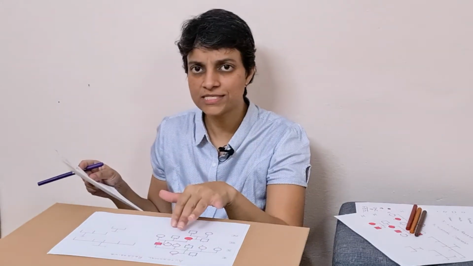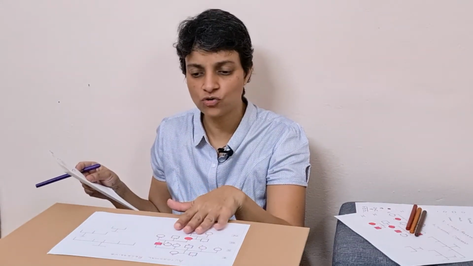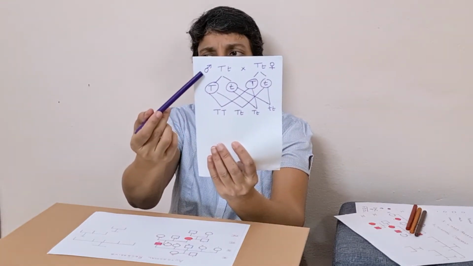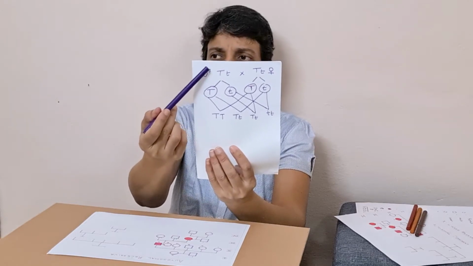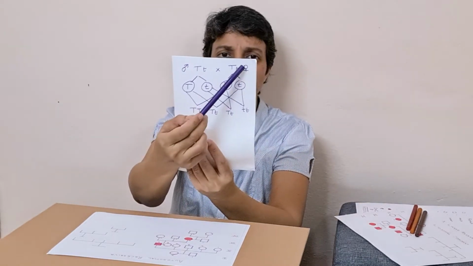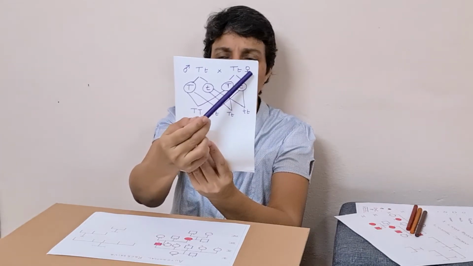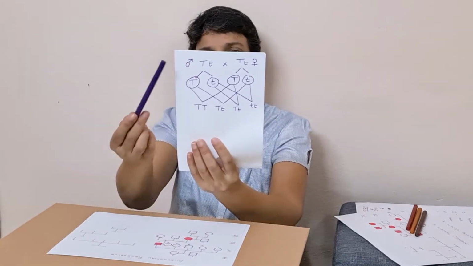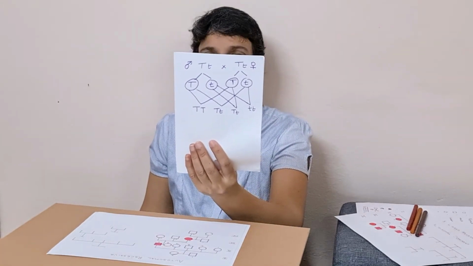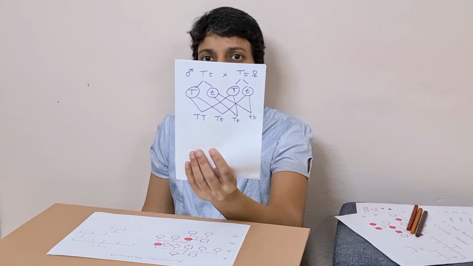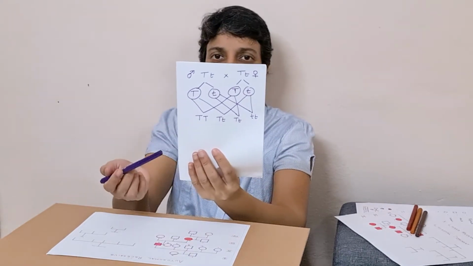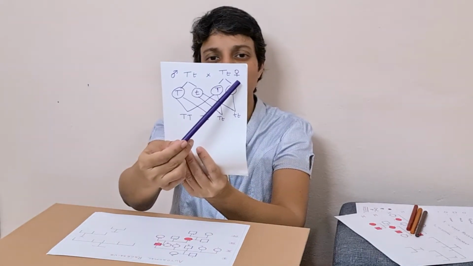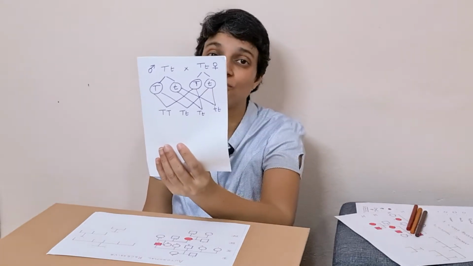So if we are to come up with the genotypes in this pedigree, here I wanted to tell you one fact. The male is represented as a circle with an arrow pointing upwards, and the female is represented as a circle with a plus at the bottom. These symbols are derived from the Greeks, and the male represents the spear and shield of Mars, the god Mars in Greek mythology, and the circle and the plus represents the mirror of Venus.